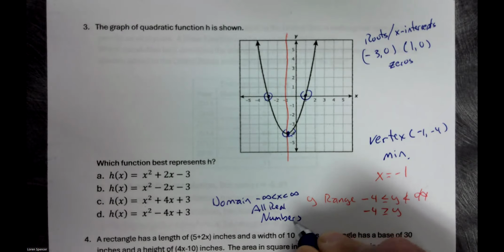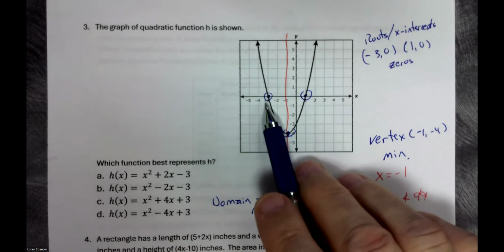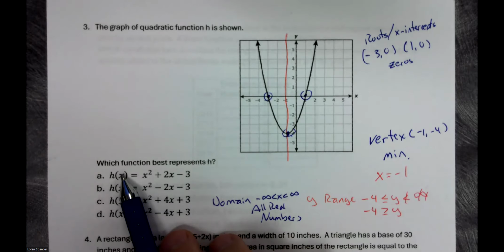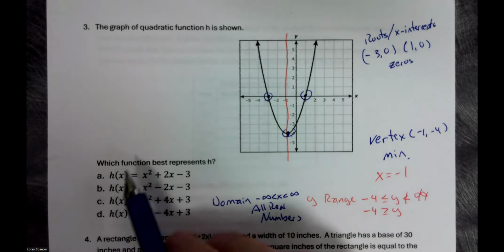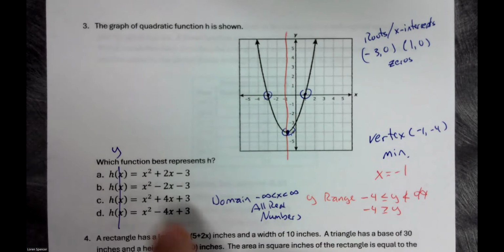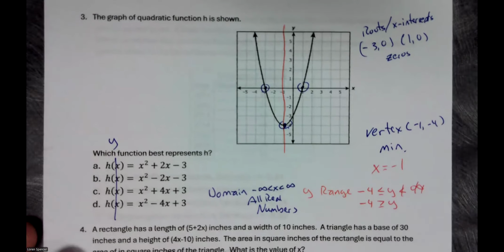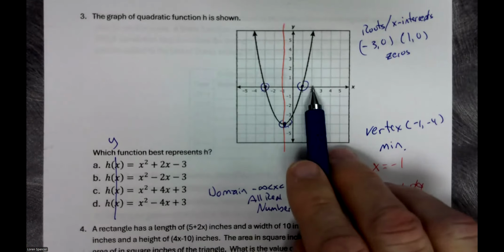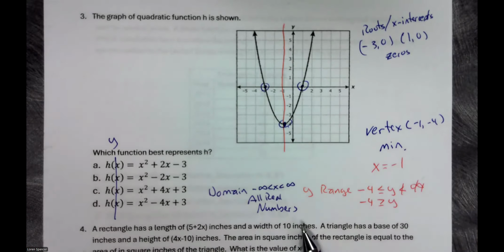Okay. So what we want to know is which function best represents this. The best thing to do is just plug this into Desmos. This, by the way, could be crossed out and just be y equals. So we're going to plug these equations into Desmos and see which one has this vertex and these two roots.